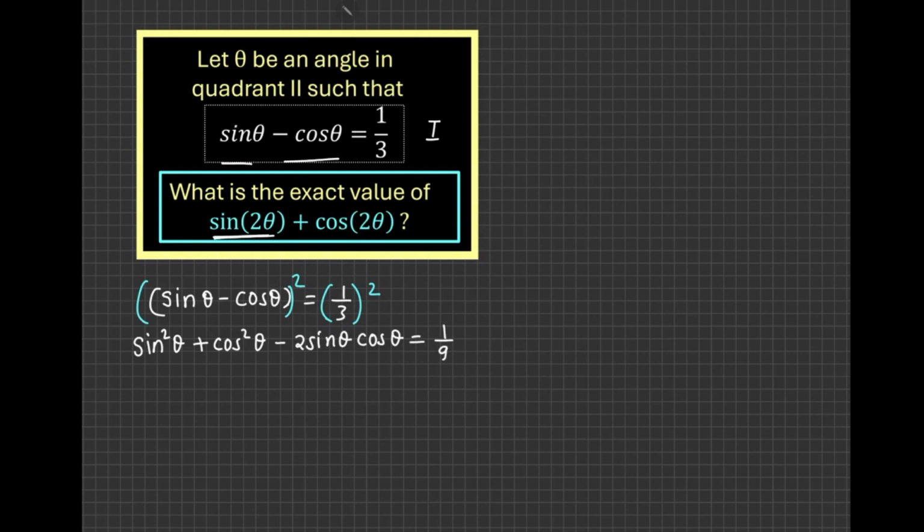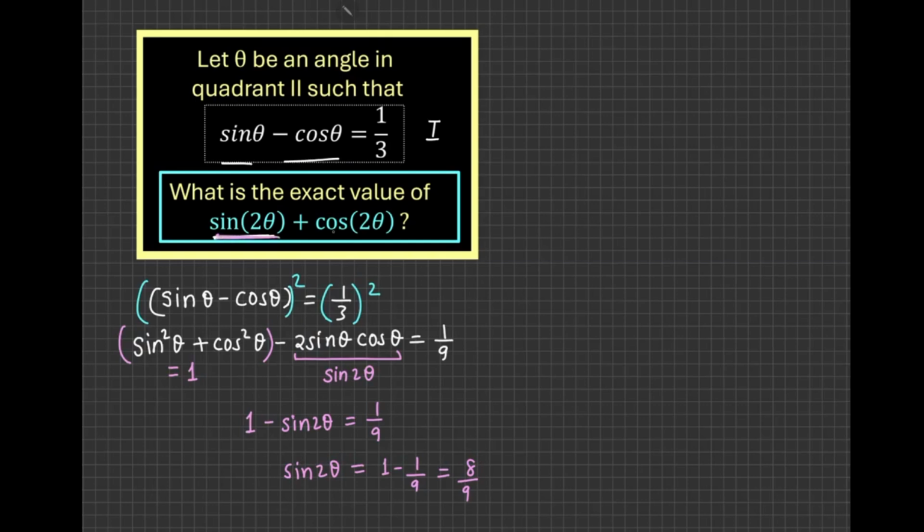Now, sine square theta plus cosine square theta is equal to 1, and 2 sine theta cosine theta is equal to sine 2 theta. So what do we get? We get 1 minus sine 2 theta equals 1/9. Now just a little bit of rearrangement here will give us sine 2 theta equals 1 minus 1/9, which is 8/9. So now we have already gotten the value of sine 2 theta.